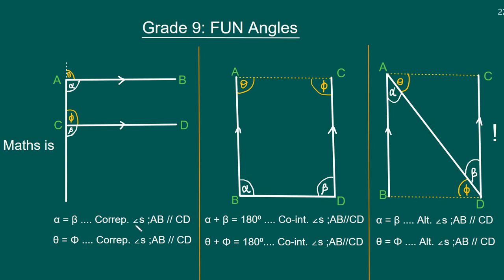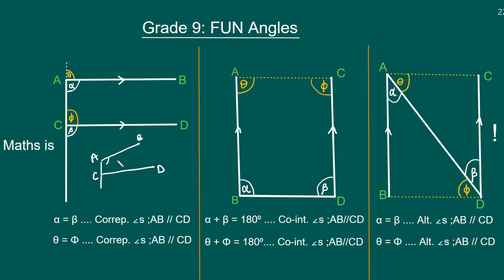But they are only equal if these 2 lines here, AB and CD, are parallel. So that is why we always say that these angles are equal because they are corresponding angles, and also because AB is parallel to CD. Because you must understand this. If I drew this thing, and let's say AB was this side, and then this one was CD.